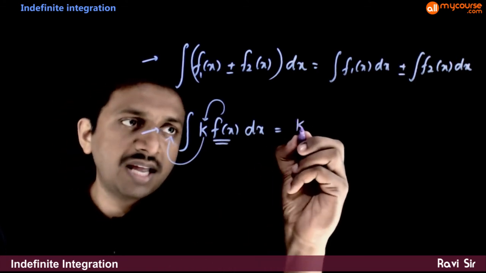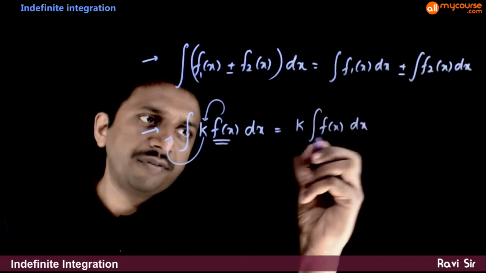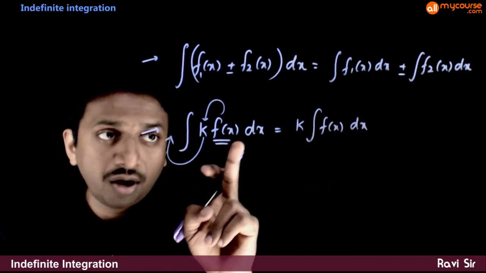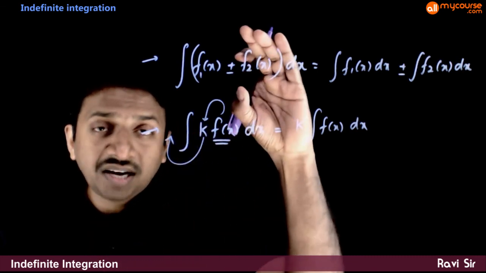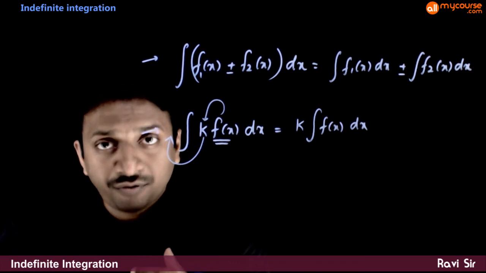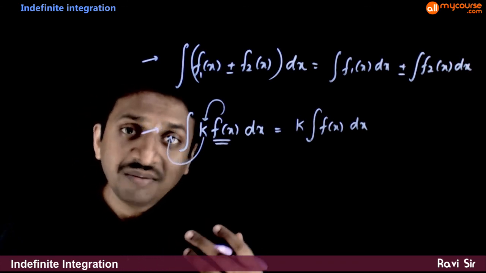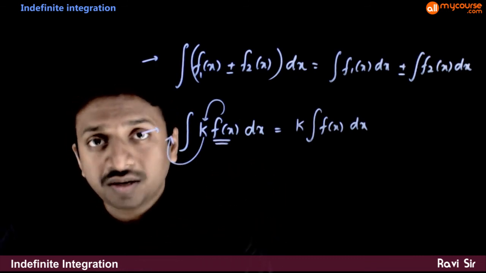That is, this becomes k times integration of f of x dx. So these are the two basic formulas that you can use to simplify bigger integrations into smaller integrations.